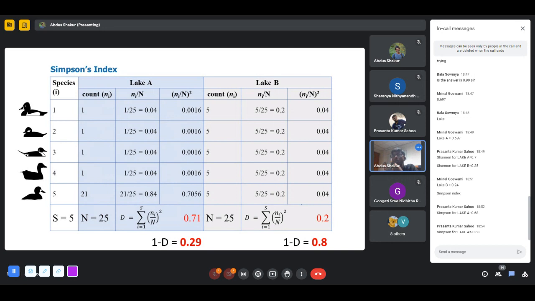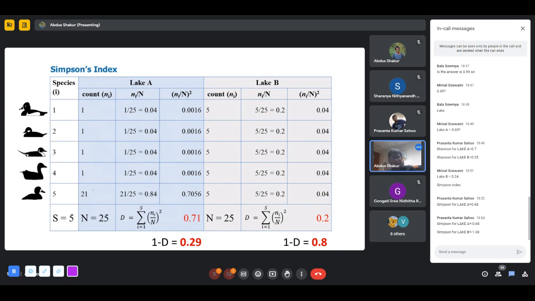So if you see here, species 1, 2, 3, 4, 5, 1, 1, 1, 1, it's 21. I think it's 20 only. Once you have the counts for the species, what we do is calculate the Pis.